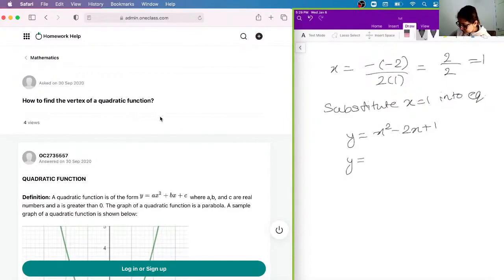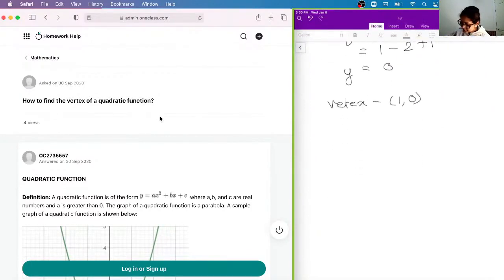So y is equal to 1 squared minus 2 times 1 plus 1. So we have 1 minus 2 plus 1, and this is equal to 0. Y is 0. So your vertex is basically 1, 0.